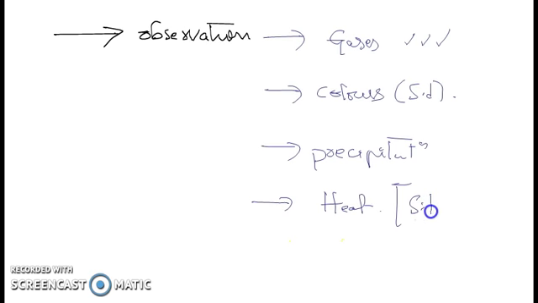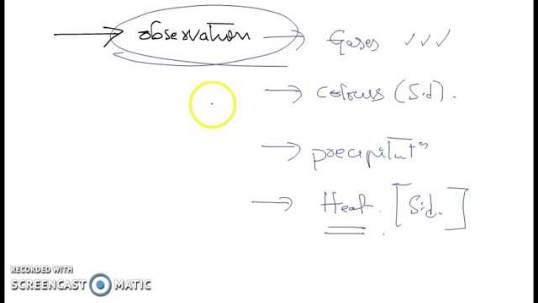Especially when you talk about these single displacement reactions, heat energy is evolved. So for those reactions, you can also add an observation that heat energy is evolved. Otherwise, there are a few reactions in which heat energy is absorbed. But then better don't write about it, because those reactions are not into our syllabus at all, and it's not even a point to learn about them. So with this video, we have covered everything about observation based reaction.